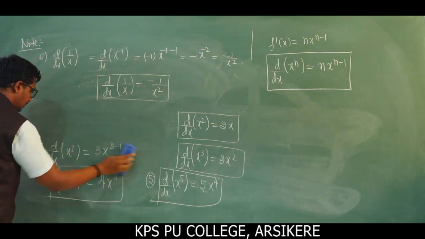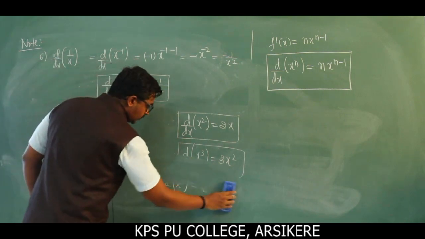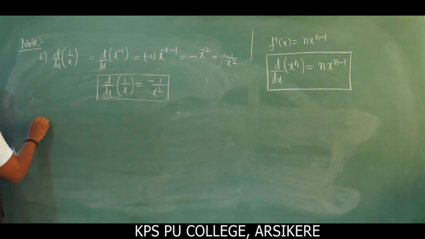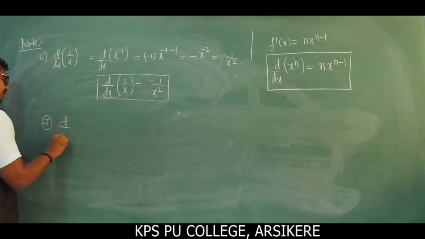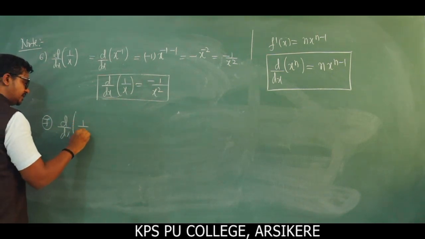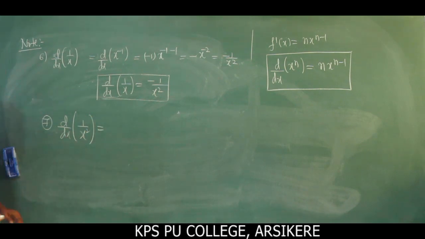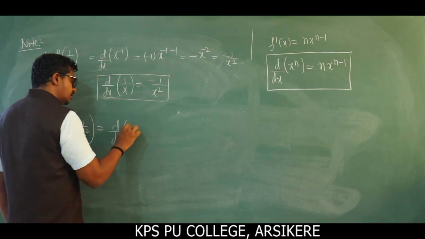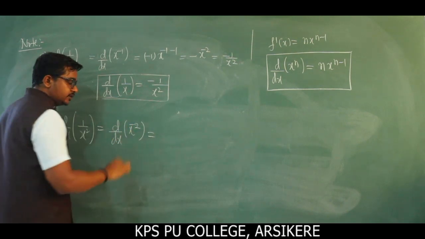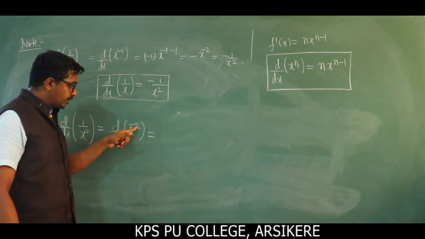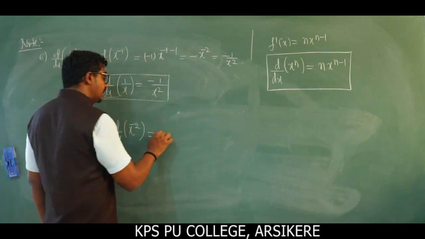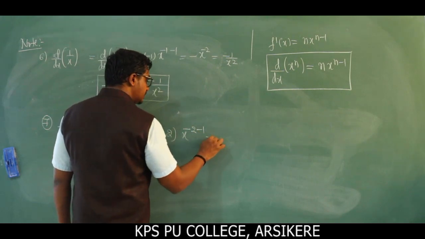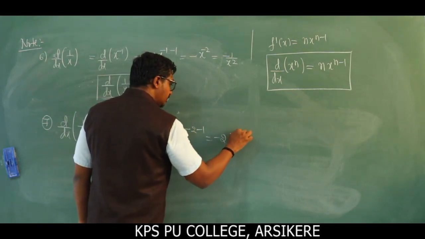And I will go with the last one. 1 by x square, let us see what it becomes. d by dx of 1 by x square, when x square goes to the numerator, that becomes x power minus 2. So therefore d by dx of x power minus 2. So this power comes to the front, minus 2 into x power minus 2 minus 1. This is nothing but minus 2 into x power minus 3.